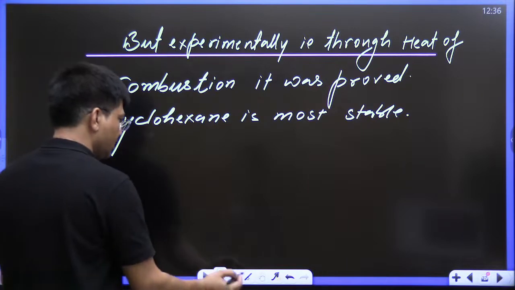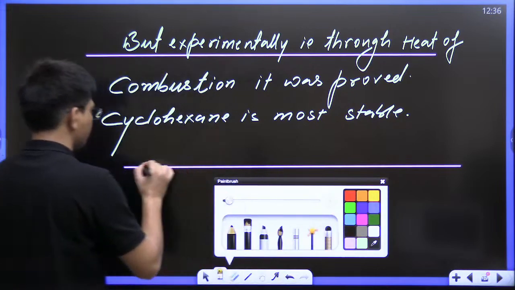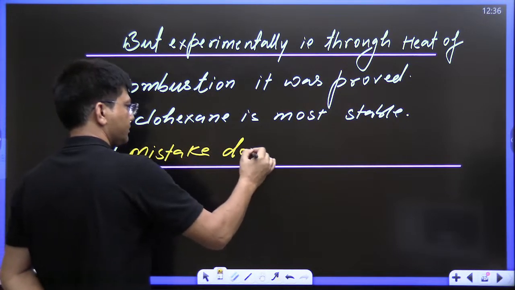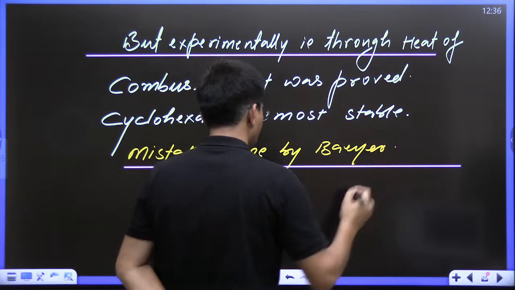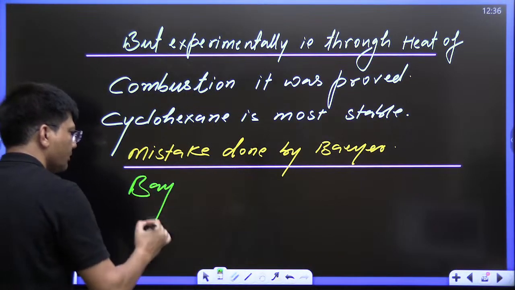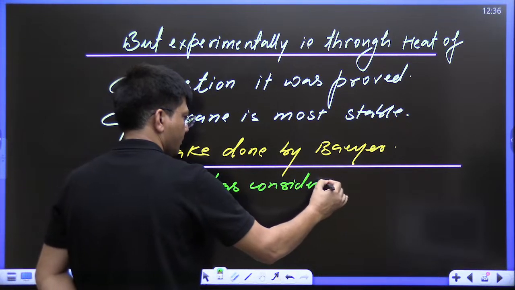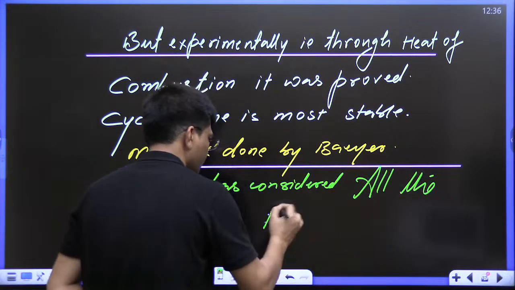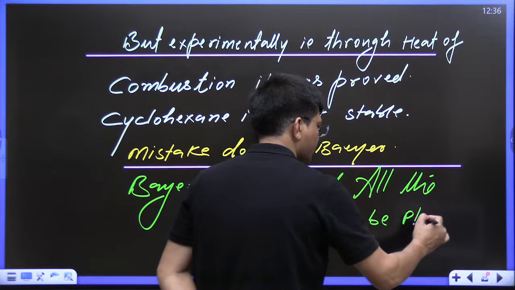Now, what mistake was done by Baeyer? Baeyer considered all the rings to be planar, which is wrong.